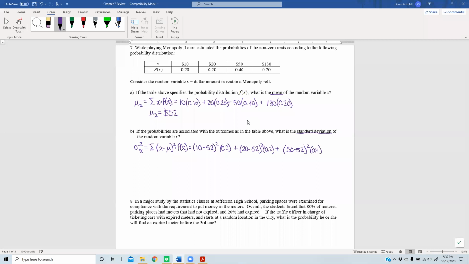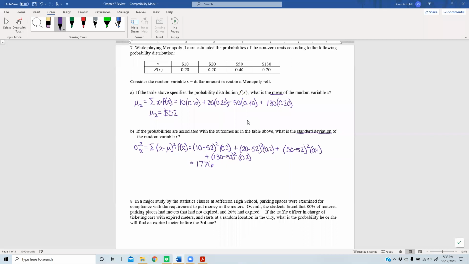And last but not least, 130 minus 52 squared times 0.2. Add all these up, and we'll get 1776 as our variance.